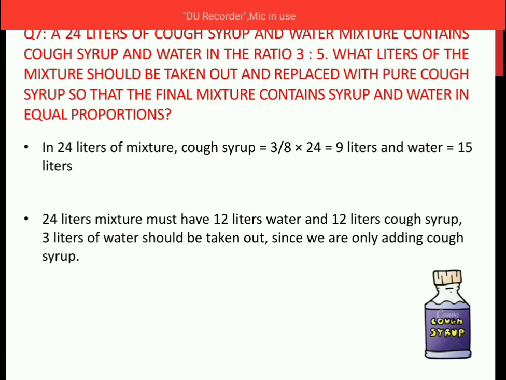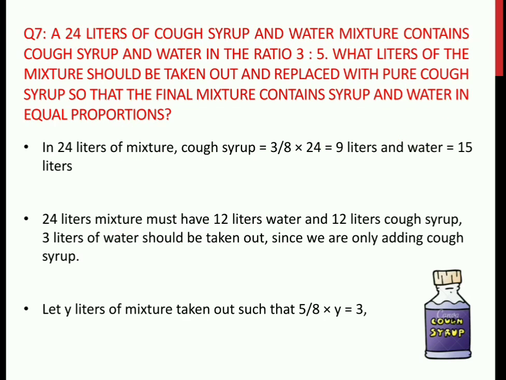Understood? Fine. So if the mixture of y liters is taken out from this syrup and water mixture, then this y liters will contain 5/8 of y of water, and this 5/8 of y of water should be equal to 3 liters. So we can find the value of y, and that y will be equal to 24/5 liters.